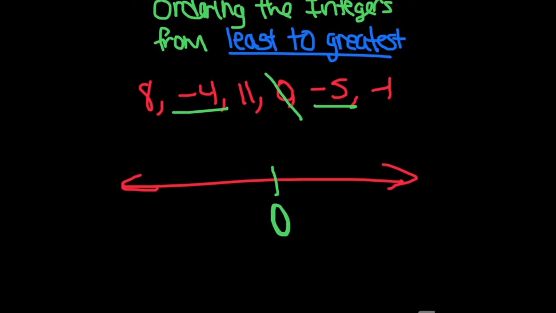The farther you are away from 0, the lesser your value. The closer you are, the larger. So negative 4 is closer to 0, which will be about here, and then here is going to be negative 5.